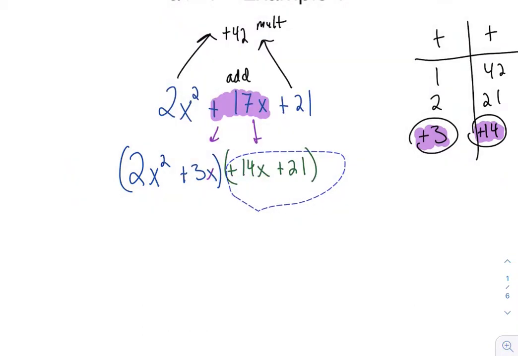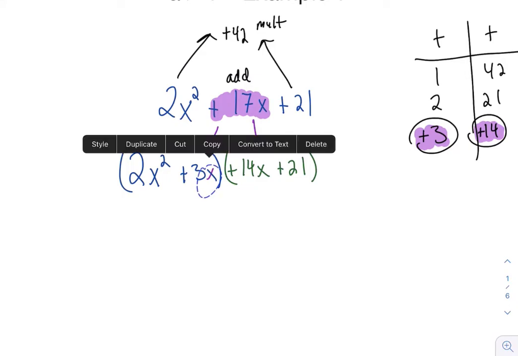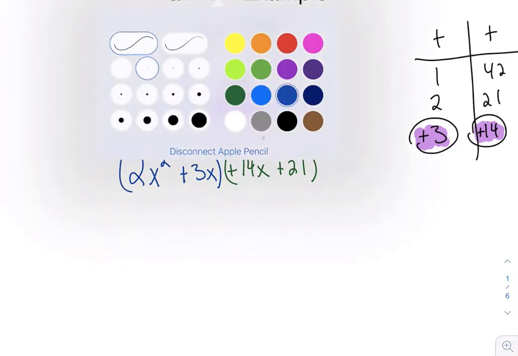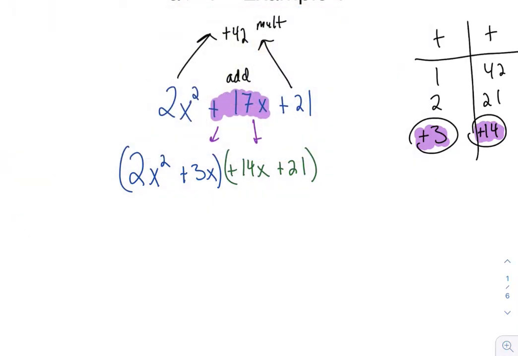All right, so here the GCF in the first group, 2x squared plus 3x. Now 2 and 3 don't have a common factor, but they both have an x. And I'm going to go ahead and take that out as a GCF to the smallest exponent that shows up, which would be right here, x to the power of 1. So I'm going to factor out an x, and that leaves me with 2x plus 3.